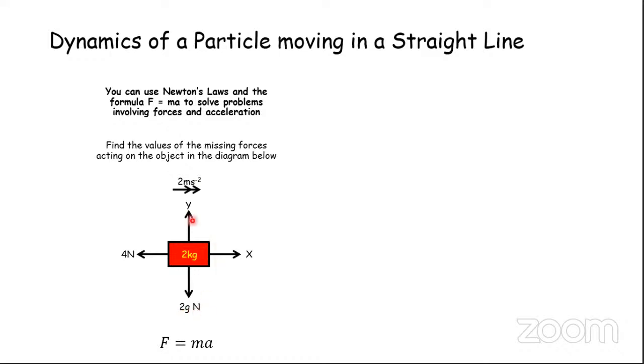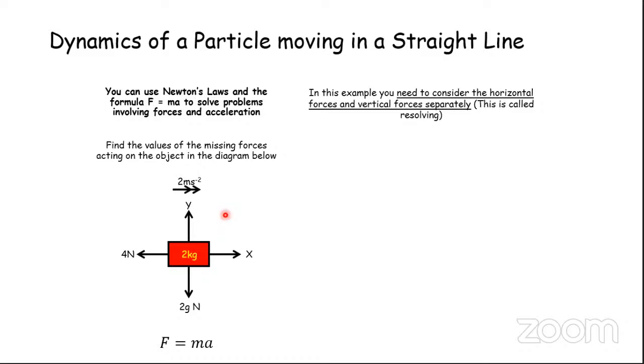So we are requested to find the forces y and x. Here we are going to begin by considering the x-axis, where the acceleration is acting. Where the movement is going, we take it to be positive, and then we use F equals ma.